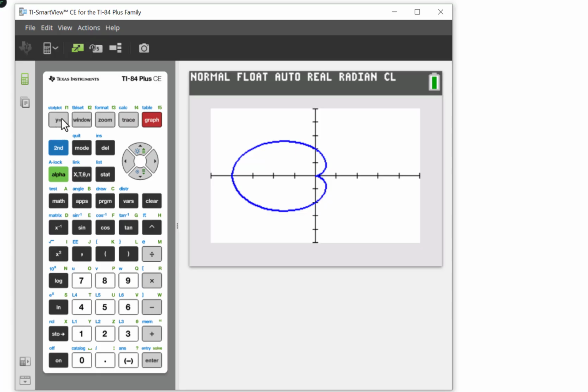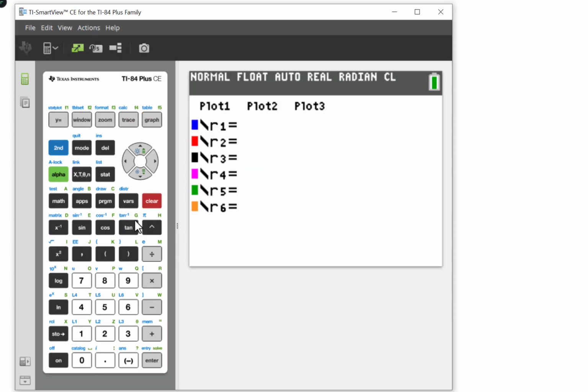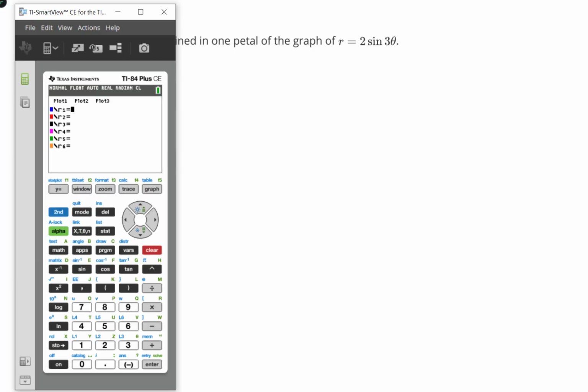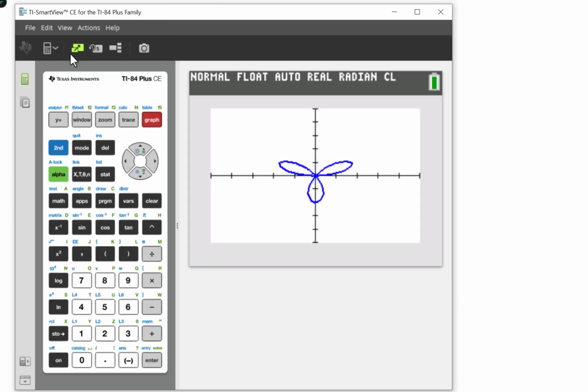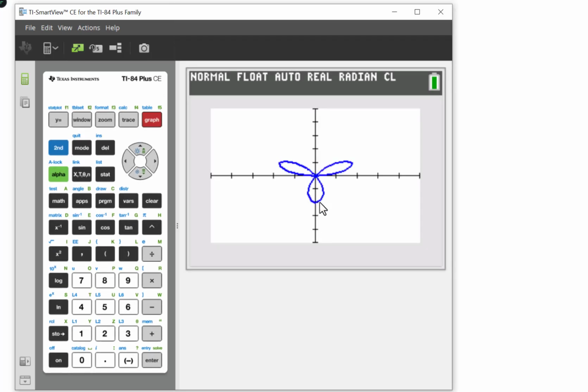So I have a polar graph, which is 2 sine of 3 theta. The window, I think I'll leave that alone. And when I graph it, here's what I get. It looks kind of like a flower, and that flower has 3 petals. So to find the area in one petal, it just wants me to find the area in one of these 3 petals.